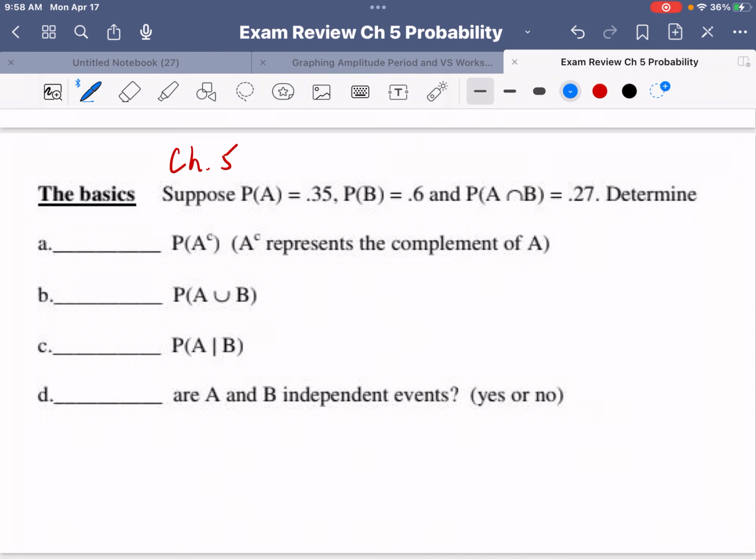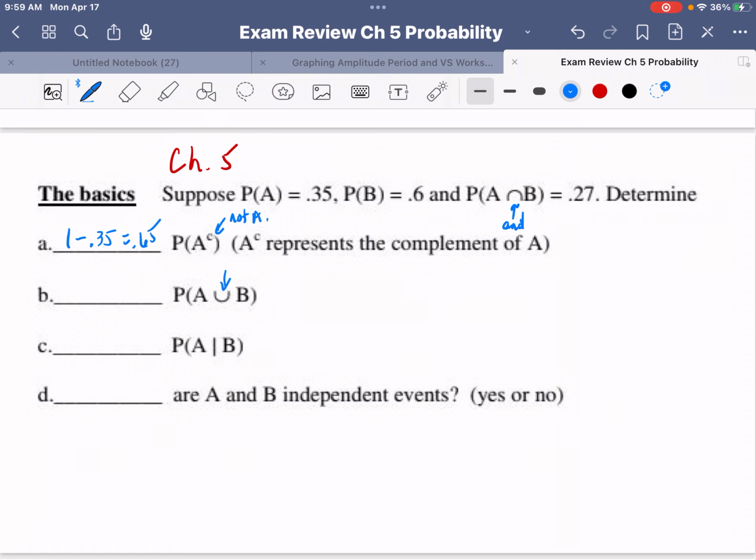So this one says, suppose the probability of some event A is 0.35 and B is 0.6, and A and B, this symbol means and, whenever you see the upside down symbol there, is 0.27. Determine the probability of A complement. Well, remember, that means complement or not A, if you ever see that. So then wouldn't that just be 1 minus 0.35 is 0.65?